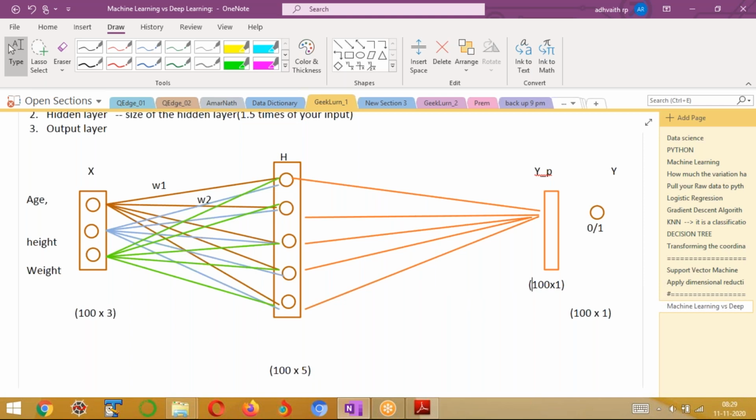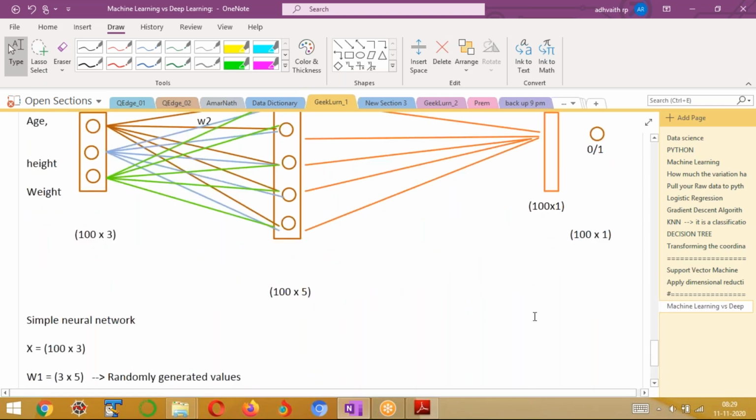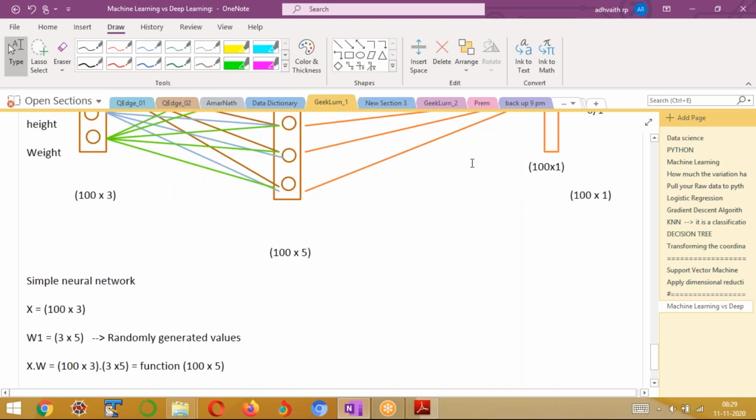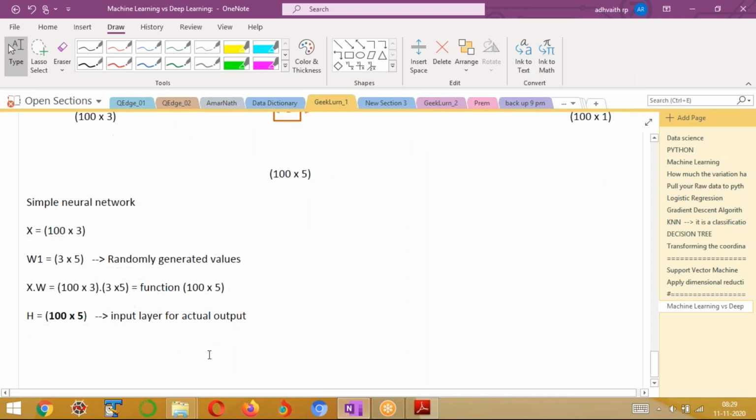So will I get the values of 100 by 1 directly with the input of 100 by 5? Will I get 100 by 1 as output with the values of 100 by 5? No. So what do I need to do again? I need to add a weight matrix again.